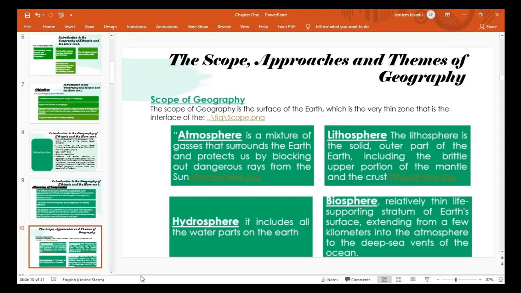Further, this subject has now acquired the status of a science that explains the arrangements of various natural and cultural features on the Earth's surface.